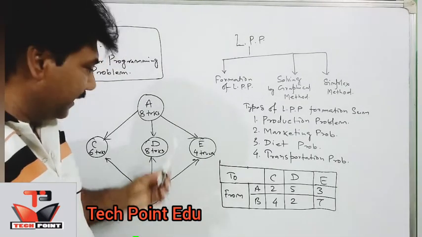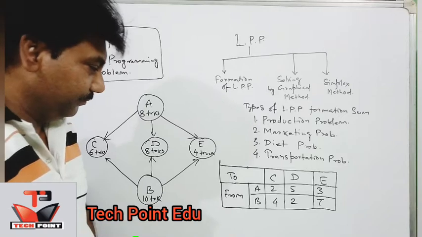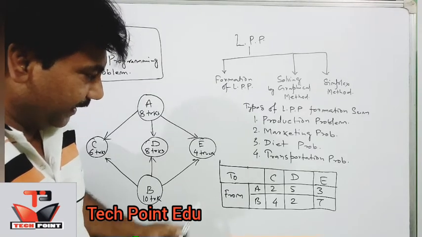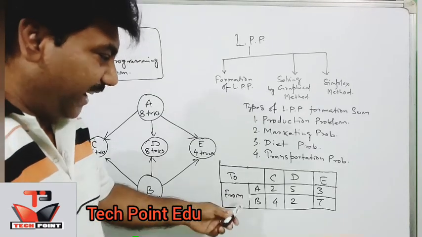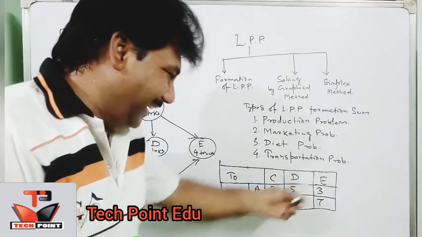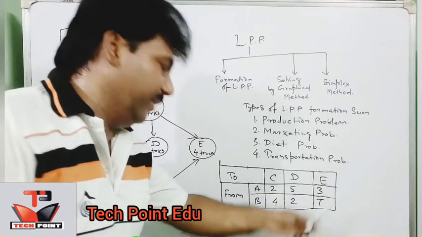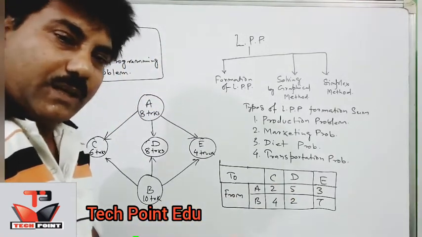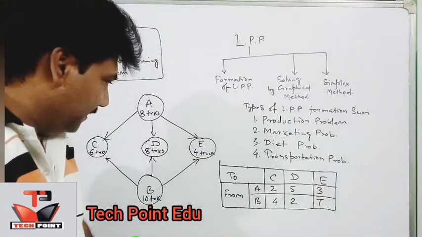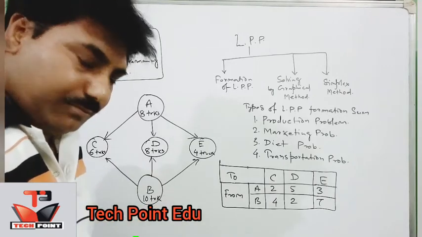We have to send the trucks from A and B. The distances from A to C, D, E are given there in kilometers, and from B to C, D, E are given here. Understood? That's why I have drawn this diagram.